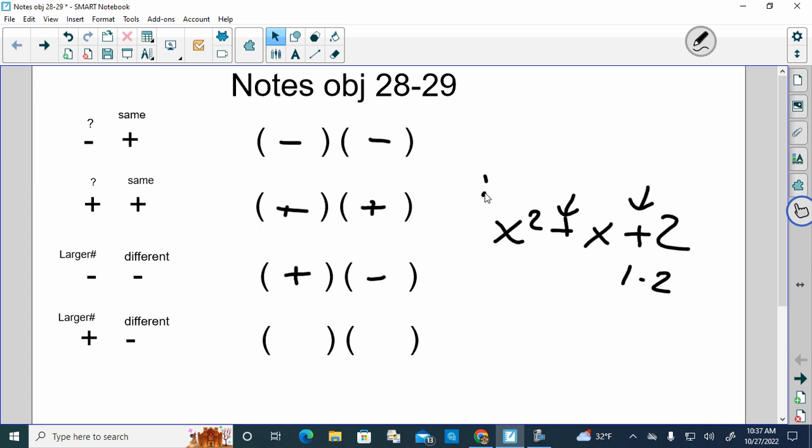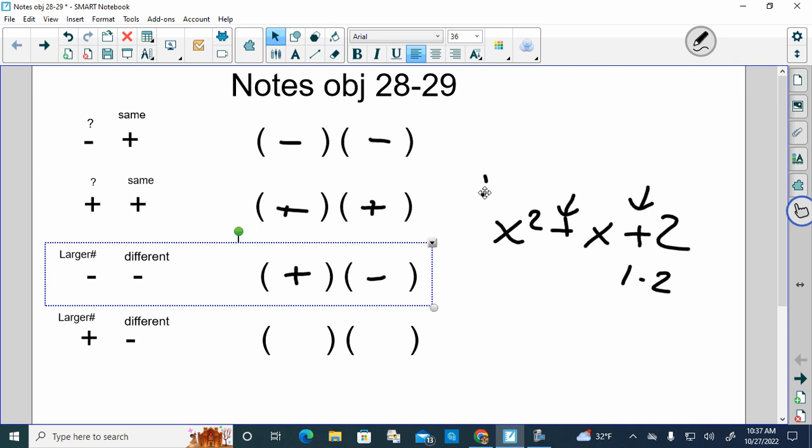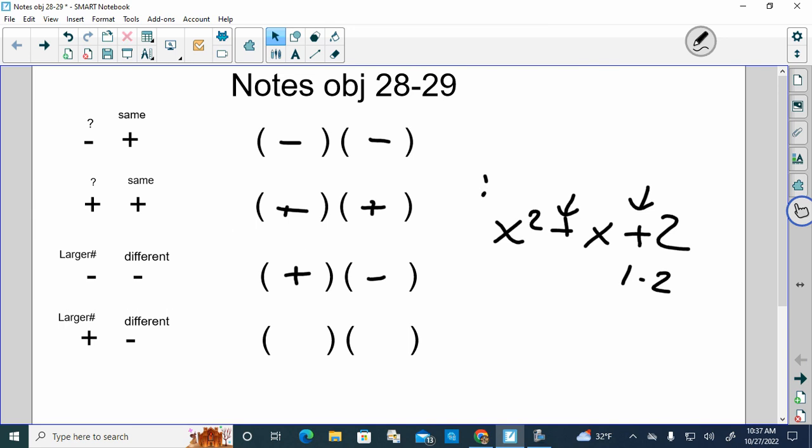Whatever my larger number is, I'm going to put it behind the sign of my second term. It depends on what your actual equation is, but my larger number for that one is 2. I'm going to put it behind the negative.